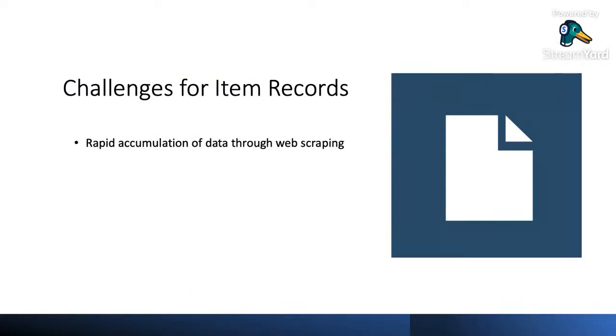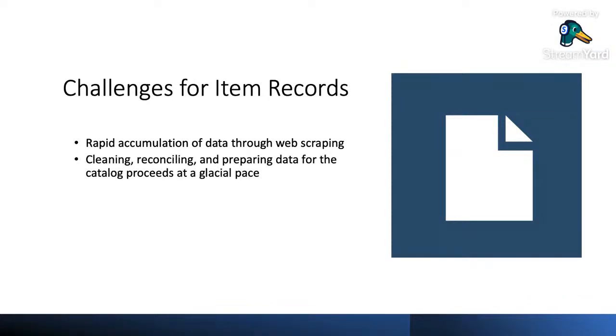We can accumulate data rapidly through web scraping. You can go out to a site and pull down all of the data related to works on a particular resource. And that is a pretty easy and quick process. But cleaning, reconciling, and preparing that data for the catalog can proceed at a glacial pace because it involves a lot of human editing and cross-checking and making sure that everything is correct before it can be published.